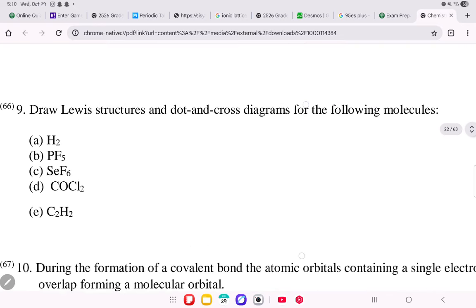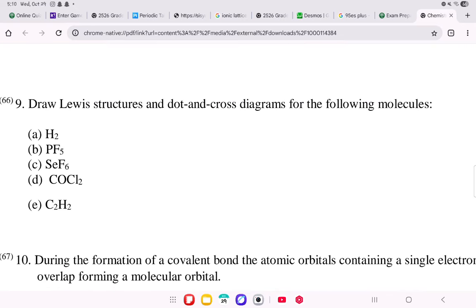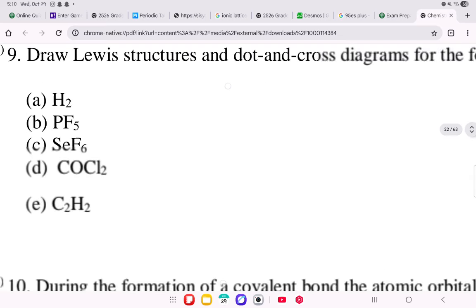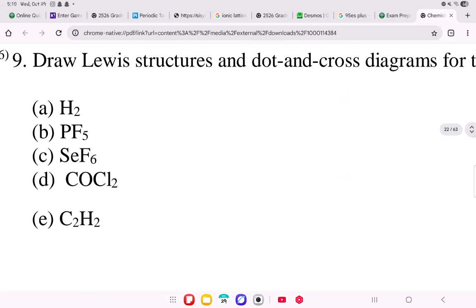Draw the Lewis structure and dot and cross diagram for each of the following molecules. We start with H2. I'm going to start by drawing all of their Lewis structures first. So H2 is H, like this only. Now, PF5. First of all, we need to choose the central atom, P. And then we have 5 F surrounding: 1F, 2F, 3F, 4F, 5F, right?